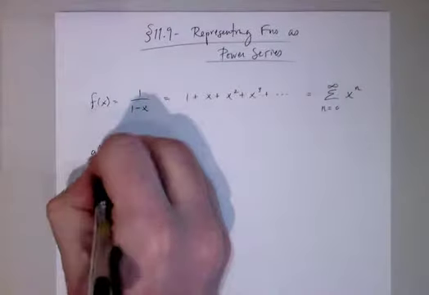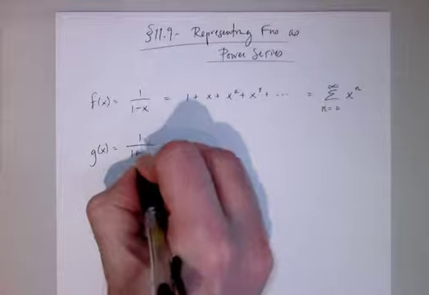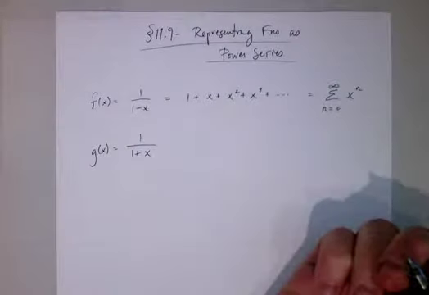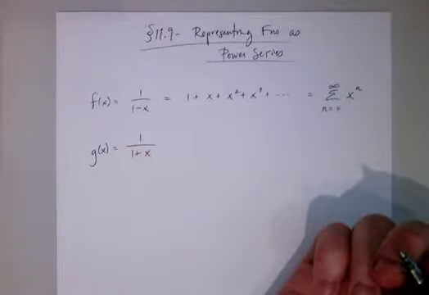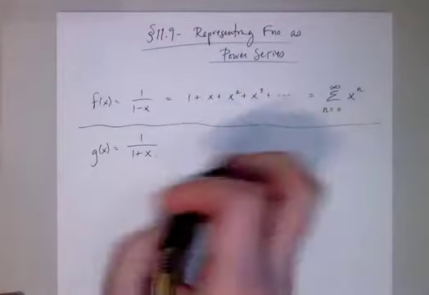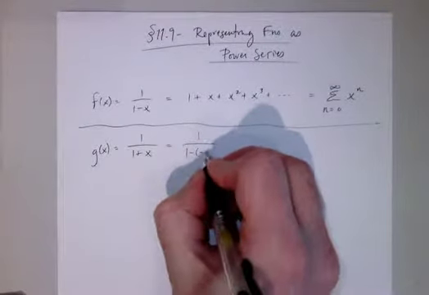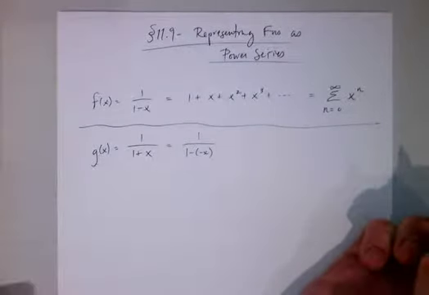So what if I'm instead given g of x as 1 over 1 plus x? Well, doesn't that just give me 1 minus negative x?